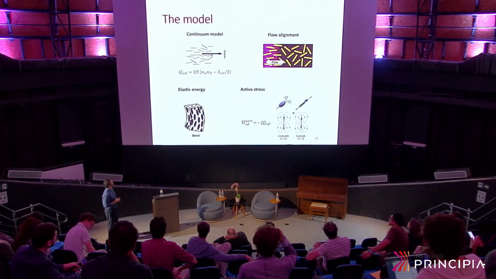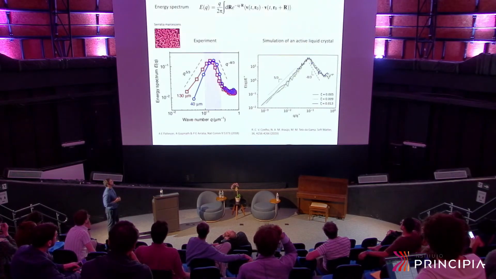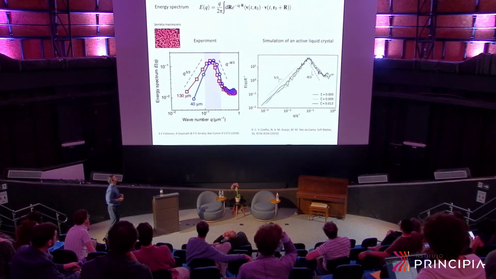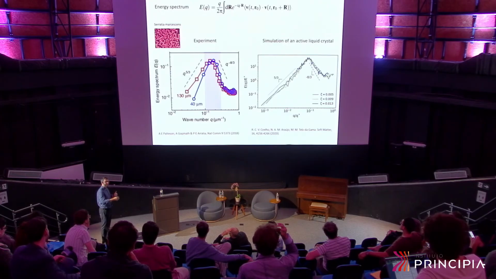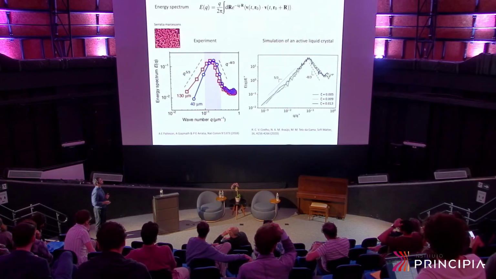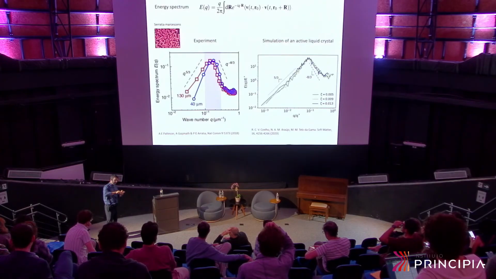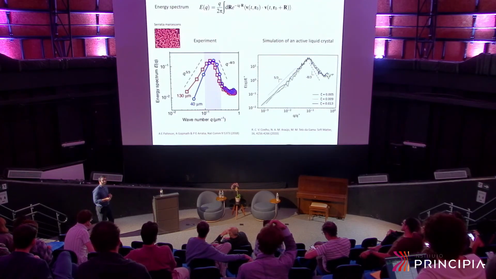Let me come back to this slide. Yes, this is a complicated topic. There is a lot of debate. People don't agree if there is a cascade or not, but making an analogy with passive turbulence, we do have a cascade of a larger vortex breaking into smaller vortices and so on until they reach this viscous dissipation and then they disappear.